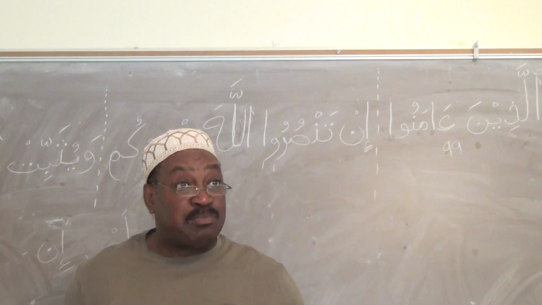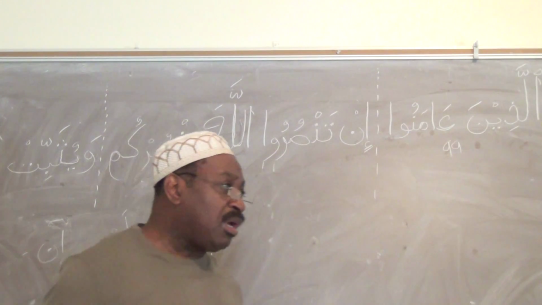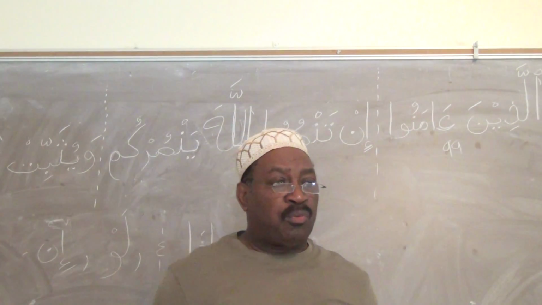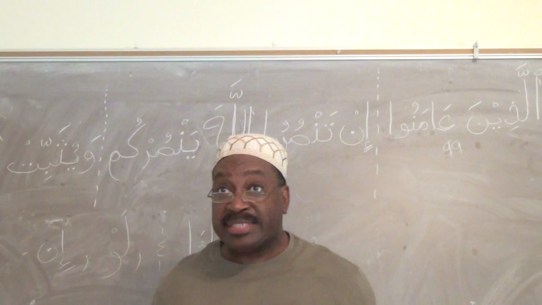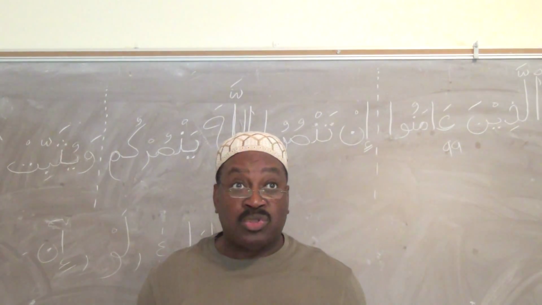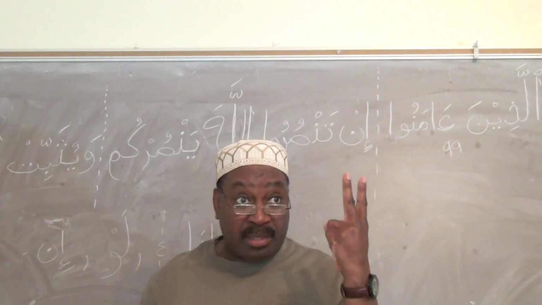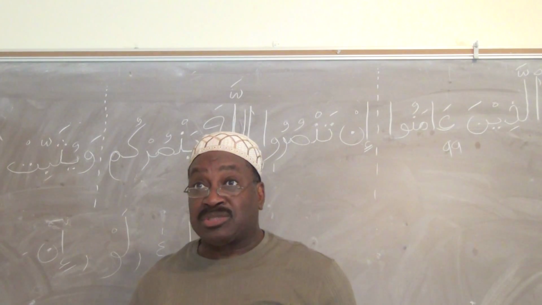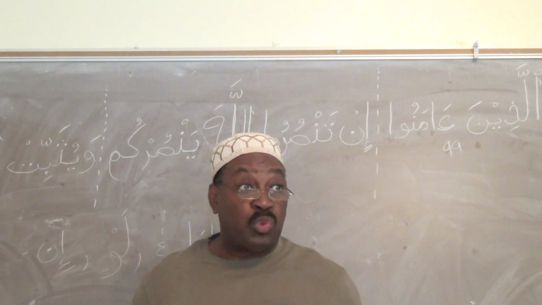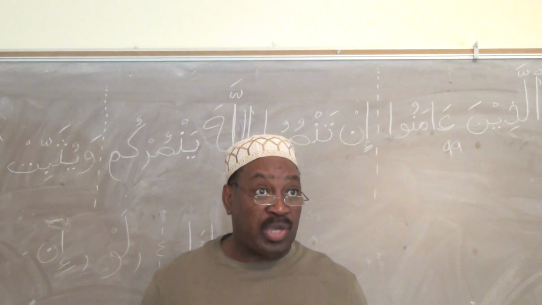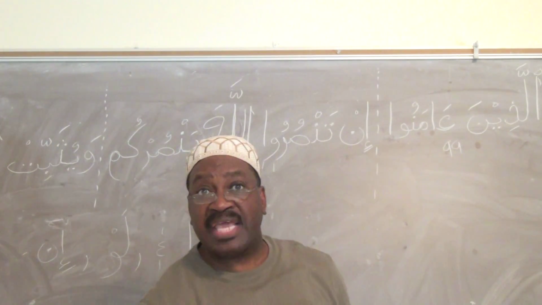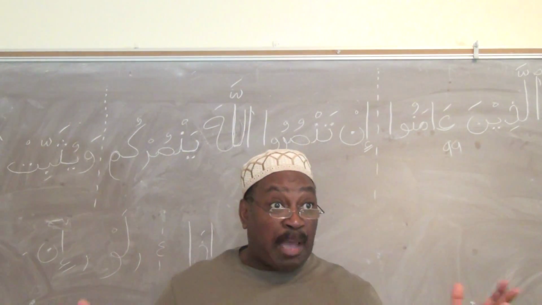And the reason I say that is because Allah created the whole universe on what we call the duality. The duality, listen to that word, duality. Dual meaning what? Two, right? So Allah created things on what we call the duality of nature. Meaning that for everything I can think of, there's an opposite.